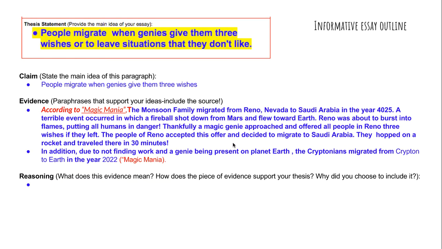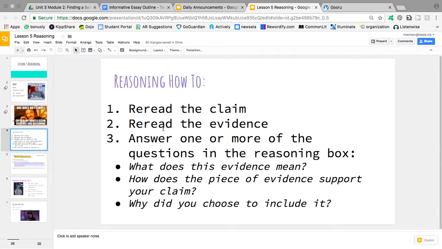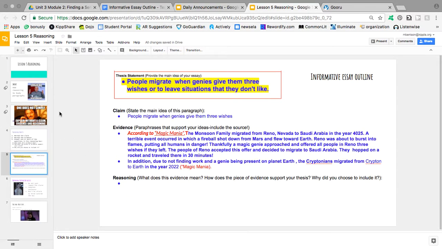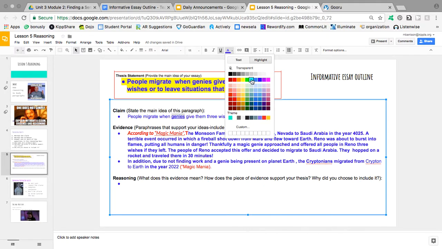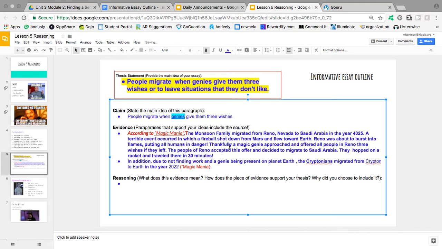As I do this, I want to think about why I chose this evidence. So in my claim, I'm really saying something about genies being the reason why people migrate, and that's a strong claim. Now I chose this evidence because both of these pieces of evidence mention genies.